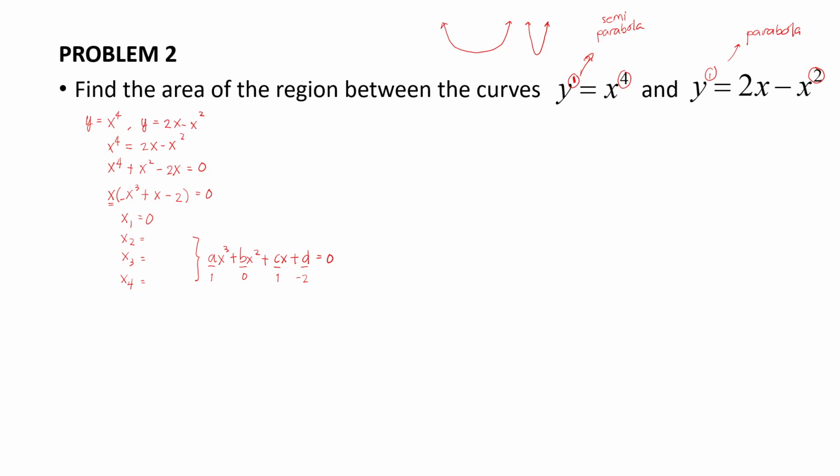So what is the answer? One root, sir, is 1, and the two others are imaginary numbers.